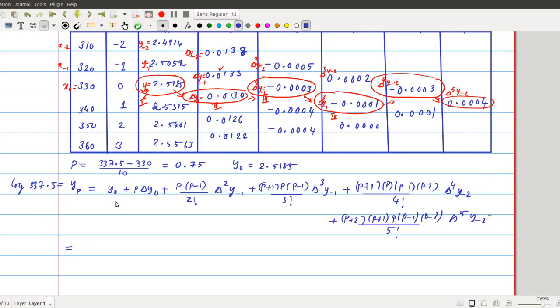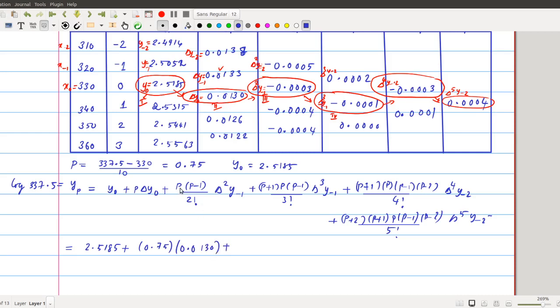Now we substitute. What is y naught? y naught is 2.5185 plus, what is p? p is 0.75, and what is the value of delta y naught? Delta y naught is 0.0130. That is the second term.